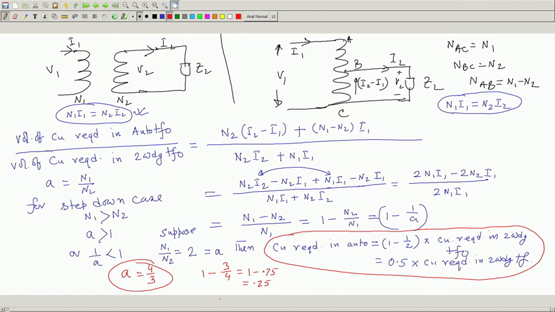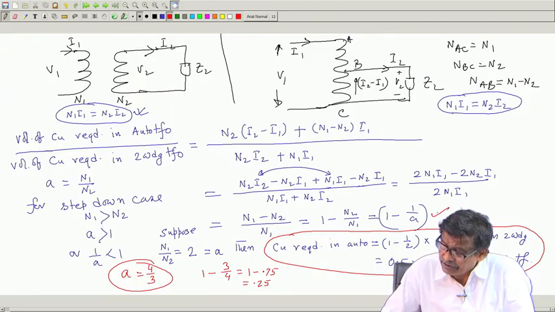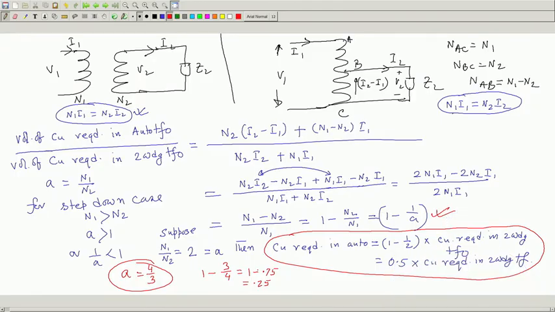It looks like it depends on A. This is the crucial equation, copper required in a 2 winding transformer. But in any case, no matter what is the value of A, if you are stepping it down, it looks like it will be saving copper.